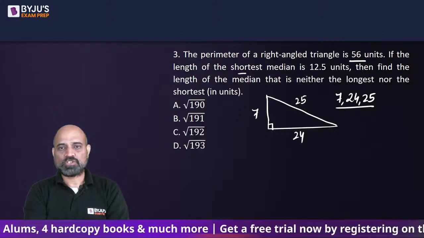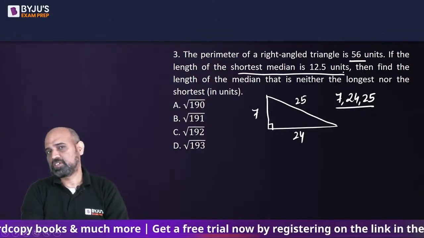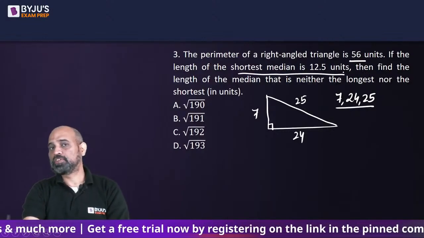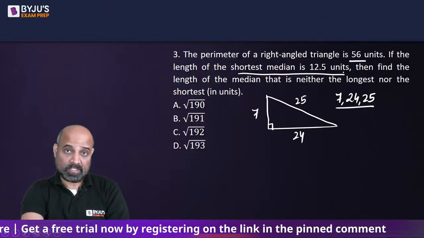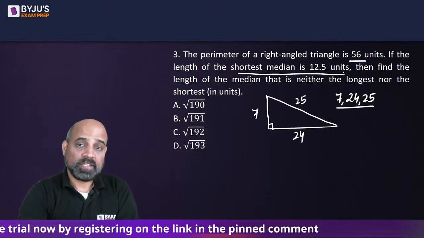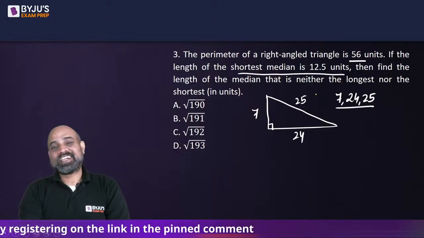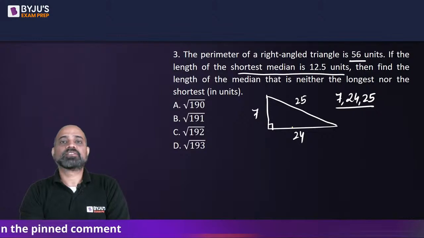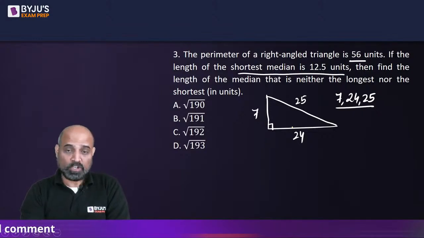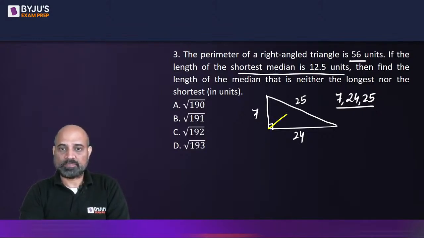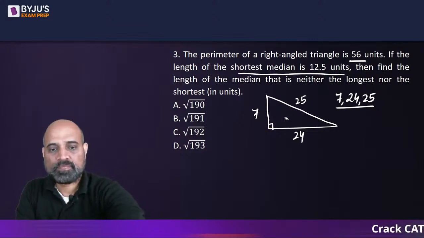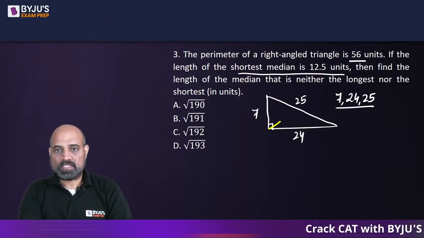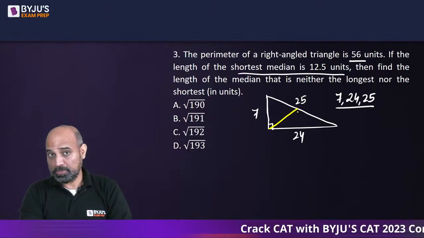Now, either you trust this and straight away solve it, or you just verify the shortest median is 12.5 units or not. Because once you verify that, you will be confident that this is the right angle triangle they are talking about. So how will we decide which is the shortest one? The shortest median will always lie on the longest side, which is the hypotenuse here.